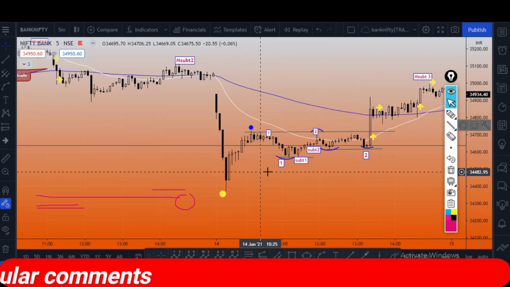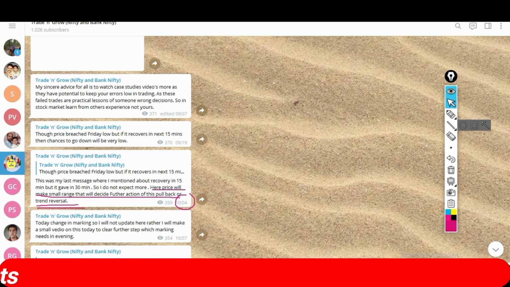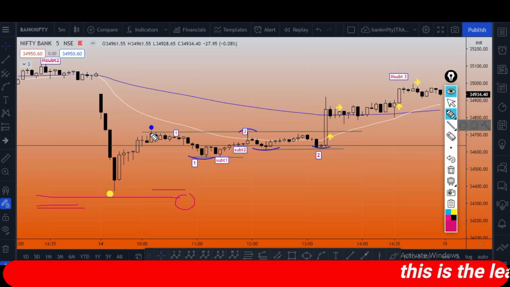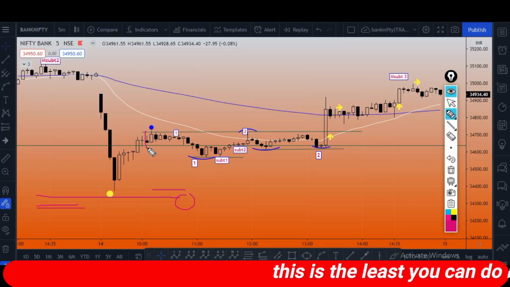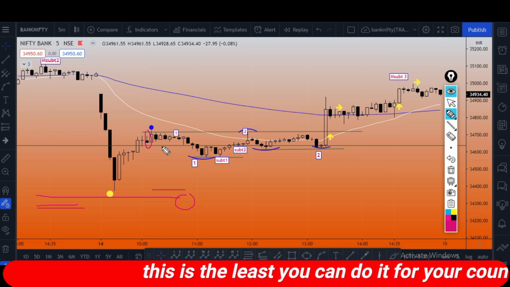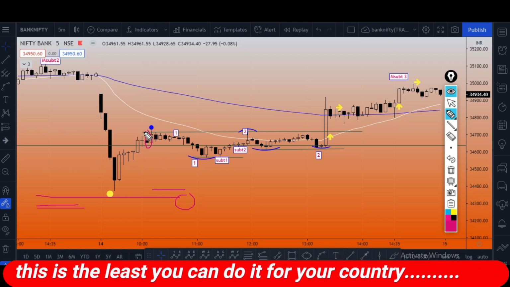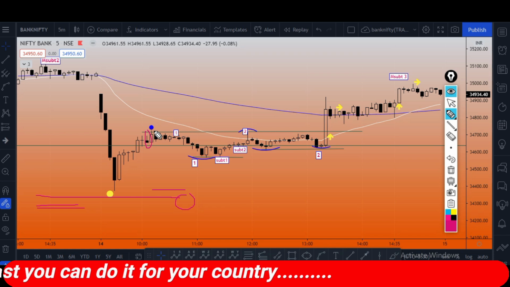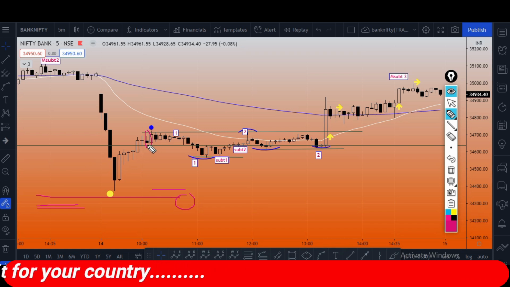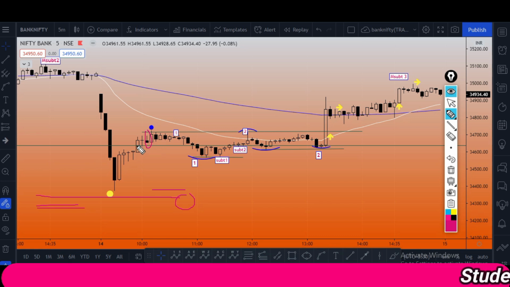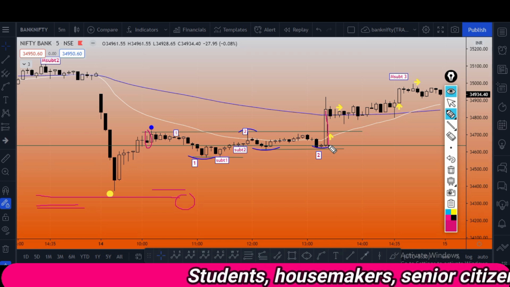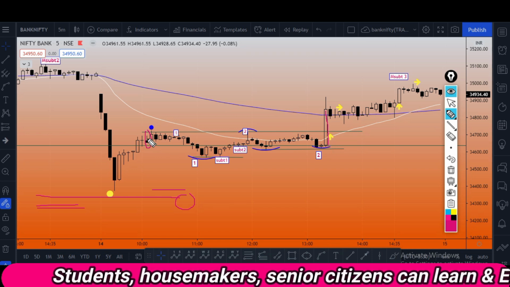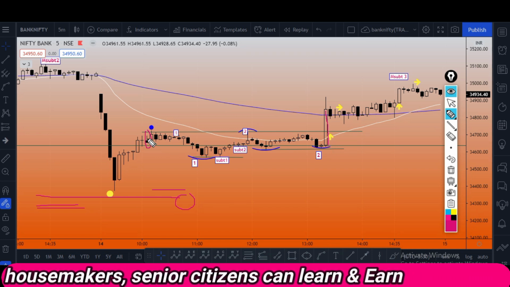See, at this point I gave it at 10:04. This is the candle of 10:04. When the price made this high, I gave you the information that price is going to be range bound. Now you see here, this is the candle of 1:13, and 10, 11, 12, 1, that is 3 hours.